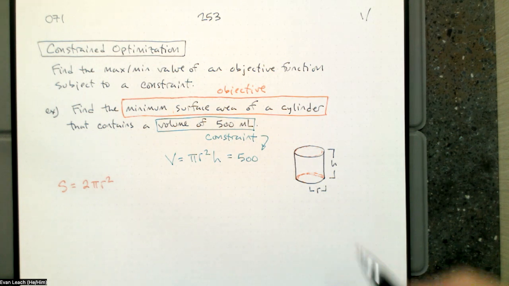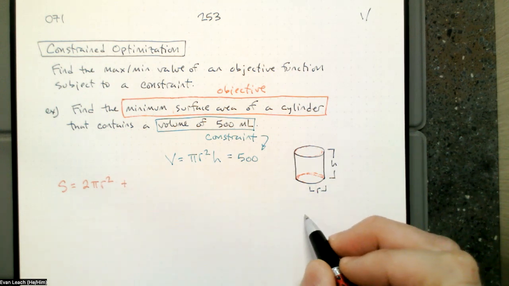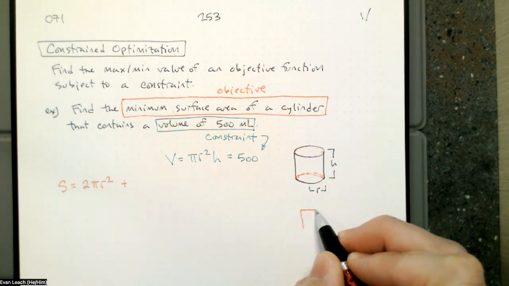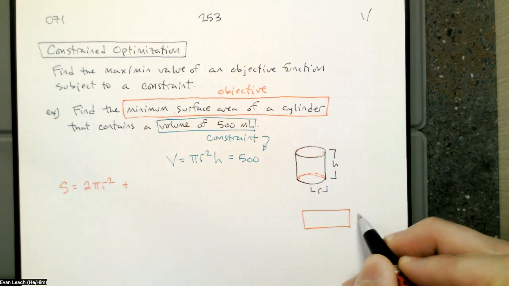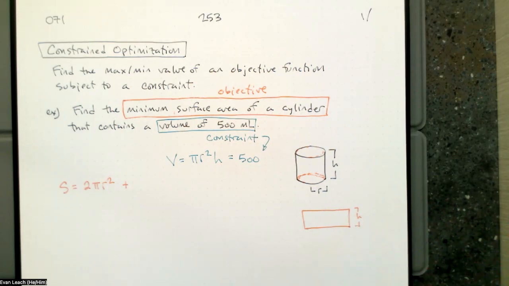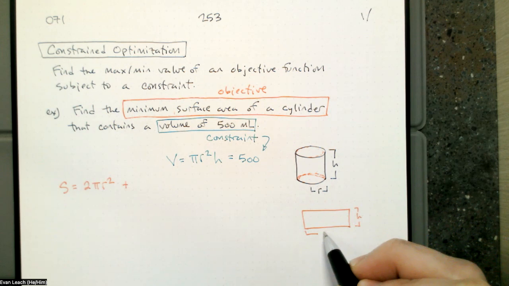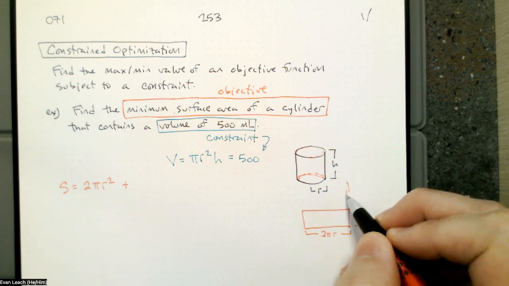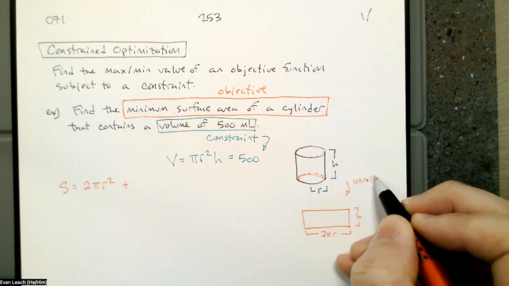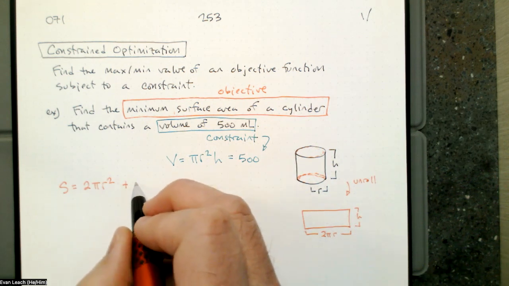We can imagine taking the cylinder and unrolling it, where we have the height, and down here we have the circumference of the circle. So the area of the side is going to be 2 pi r times h.